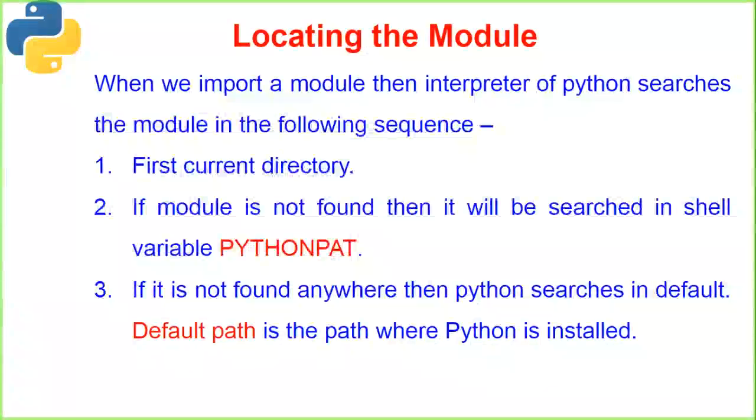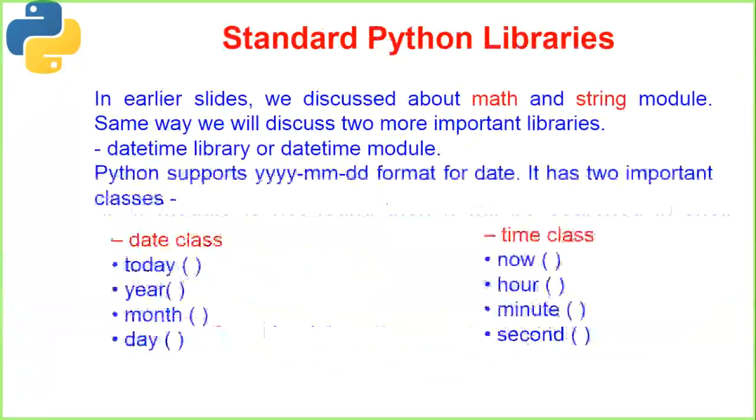While doing modules, we have already done many libraries, the math module and string module. Everything we have done, but two libraries are still left. Like the math and string modules, we have already dealt with them.